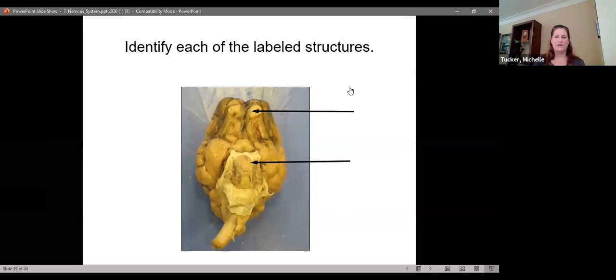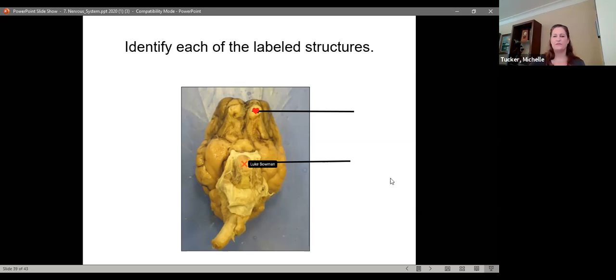Let's go ahead and put a heart at the olfactory bulb. And then an X at the, this is the pituitary gland. Nope, gotta go lower. The pituitary gland is going to be embedded in the dura mater.